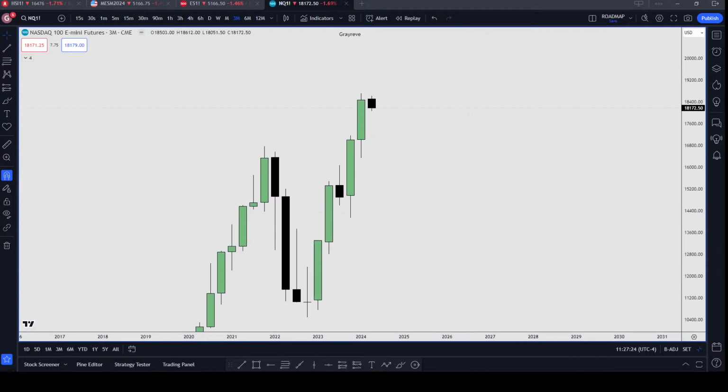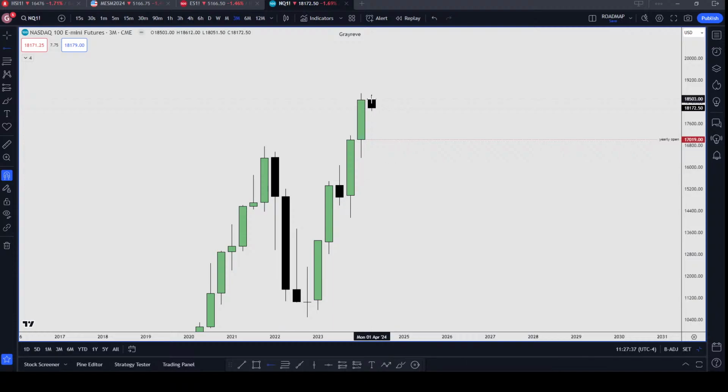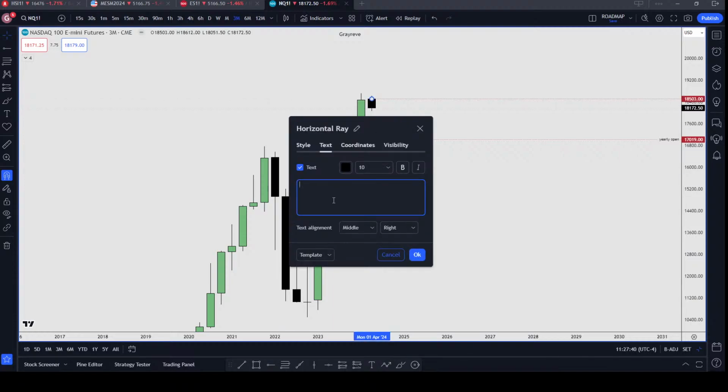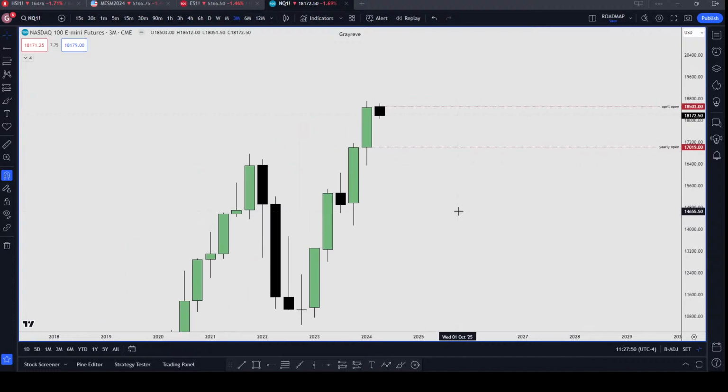Similarly, the opening prices are always very important, so I'm going to mark out the yearly open. I am going to mark out the April's open. Okay, and I'm also going to mark out the nearest PD array available for the 3-month candle.